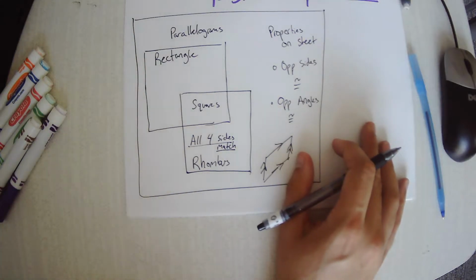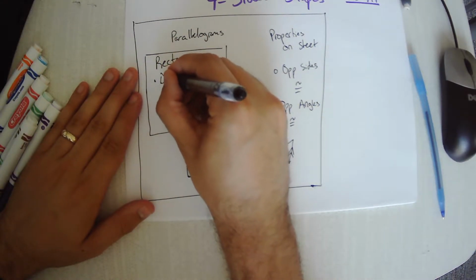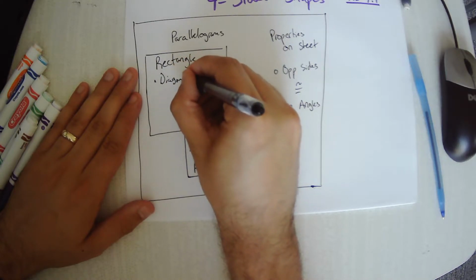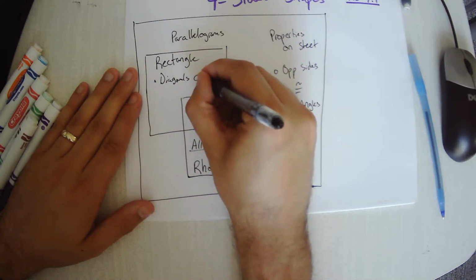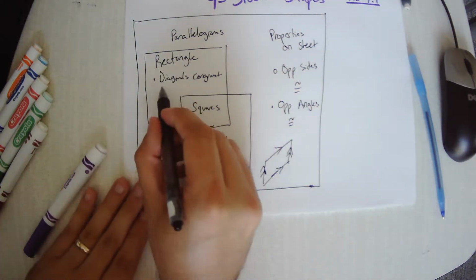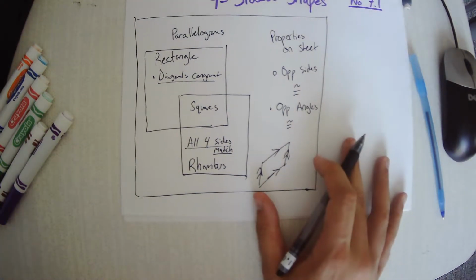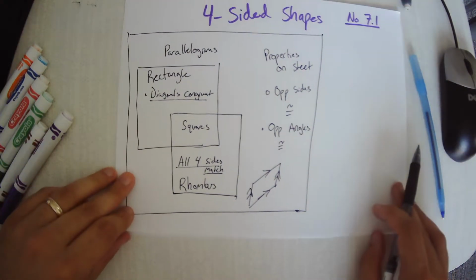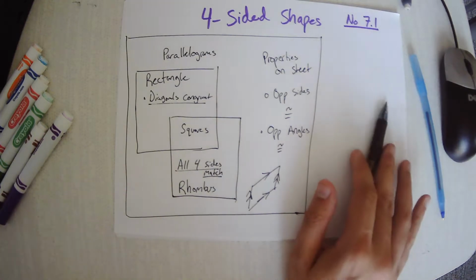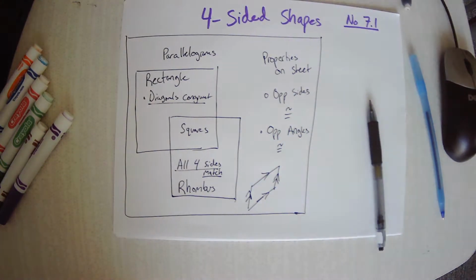All 4 sides are the same size. For a rectangle, the diagonals are the same length. Diagonals are congruent. And then for a square, all of those things are true. We don't have any particular properties for squares. It's just when all of our properties match up, when all of our properties line up.